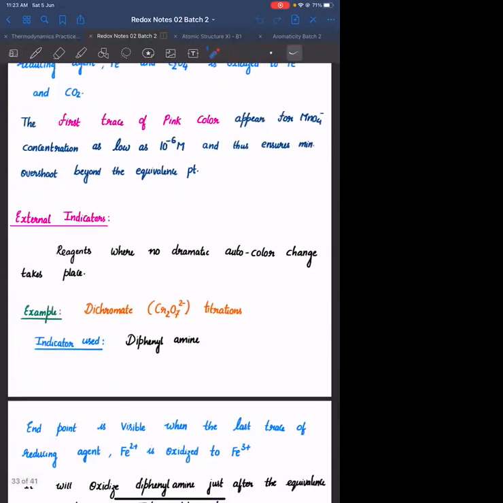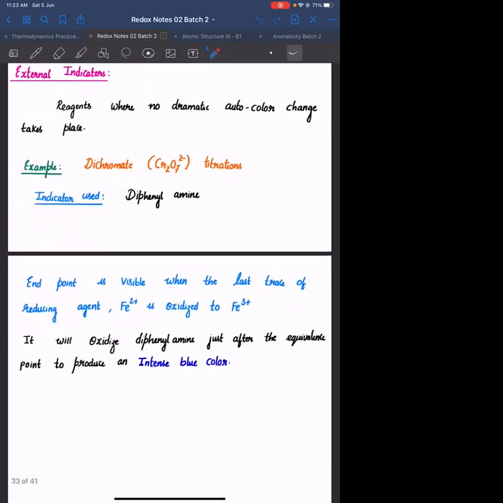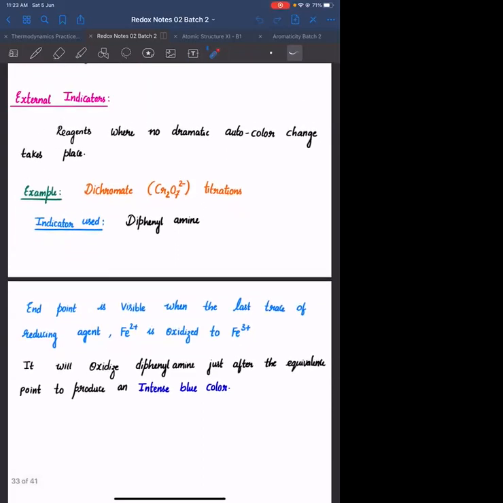But in the case of reagents where there is no dramatic color change, that is, if you are having titration of dichromate, here you are titrating FeSO4. You are titrating FeSO4 with dichromate. In the FeSO4, you have Fe2+ that will be converting into Fe3+.